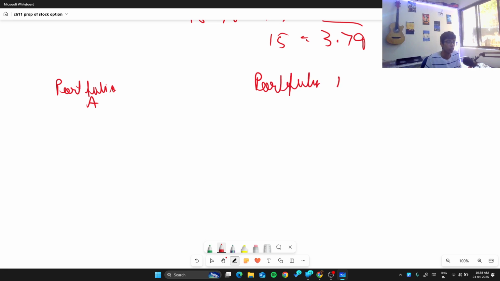Portfolio A has a European call option plus a zero coupon bond with a future value of K, which has a strike price of K at time T. And portfolio B will consist of only one share of stock.